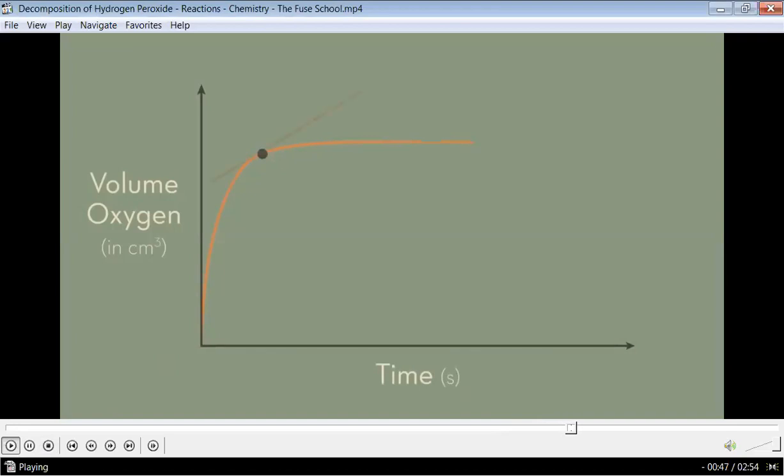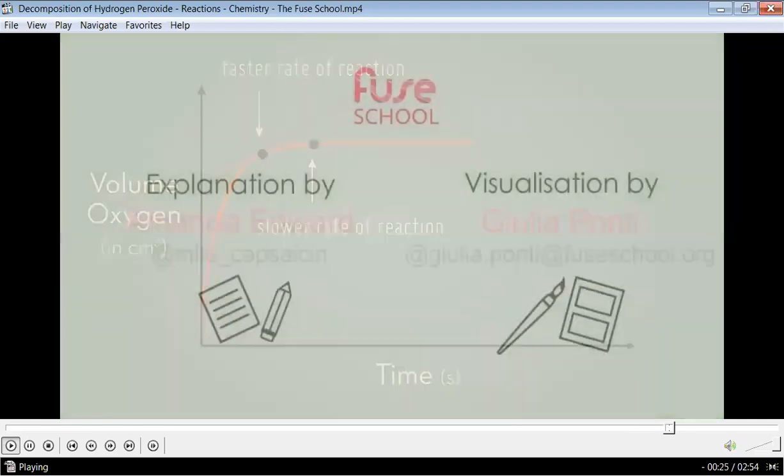Calculating the gradient of the tangent will give you the rate of the decomposition of hydrogen peroxide at that point in time. A steeper gradient is representative of a faster rate of reaction, whereas a less steep gradient is representative of a slower rate of reaction. At the start of the reaction, the rate of decomposition is fast.